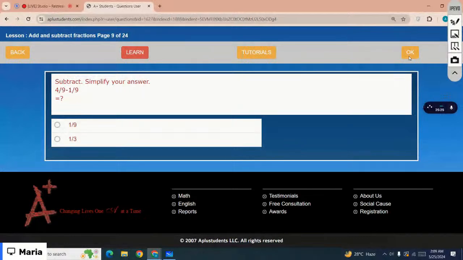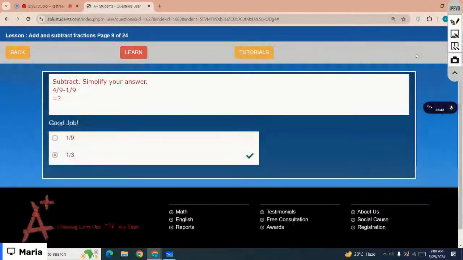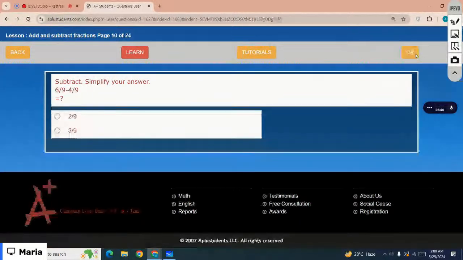Yes, that is 1 over 3. Option number 2 is the correct option. 6 by 9 minus 4 by 9.